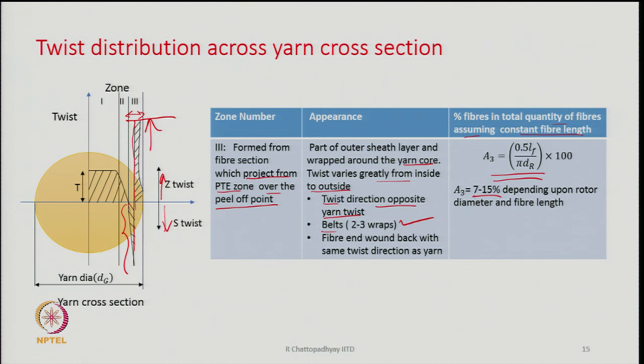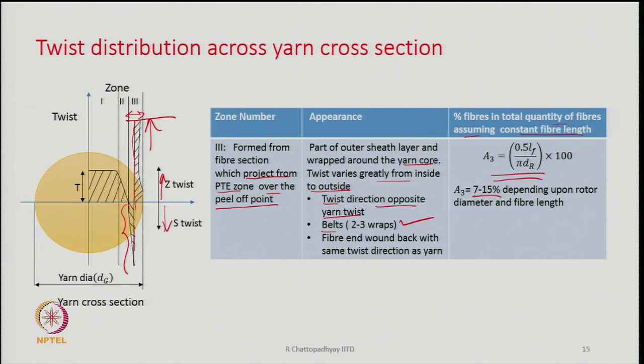part of it S twist, part of it Z twist also, because there is a lot of turbulence within the rotor, and so many fibers we are injecting per unit time. Some of these fibers will be directly landing on the yarn arm, and they may get twisted very tightly.